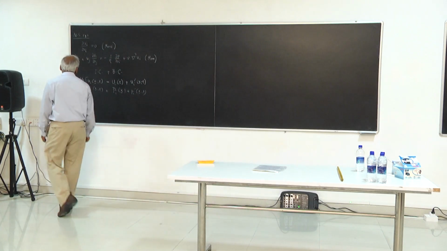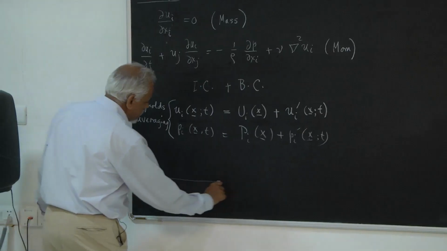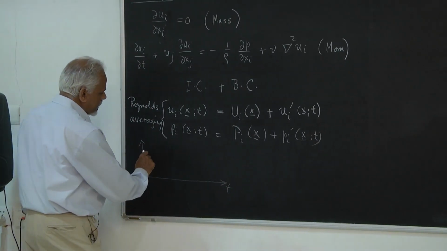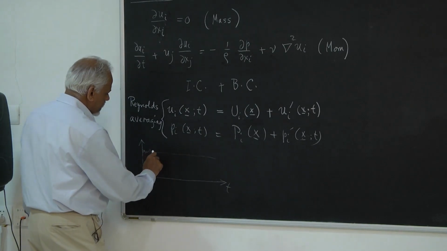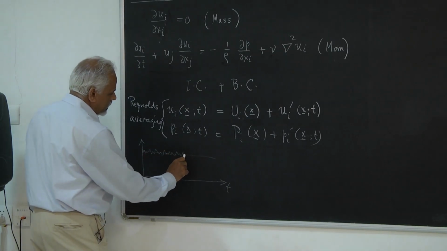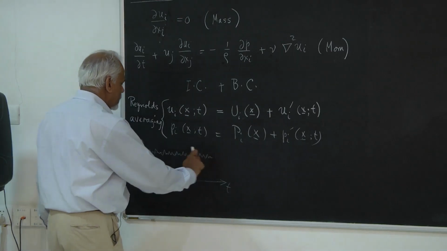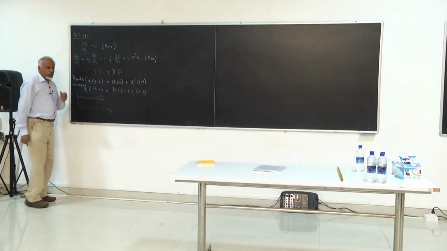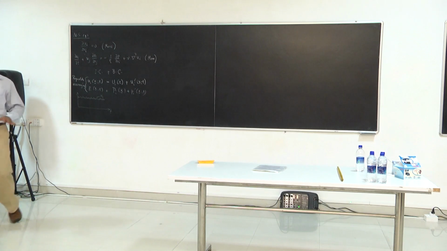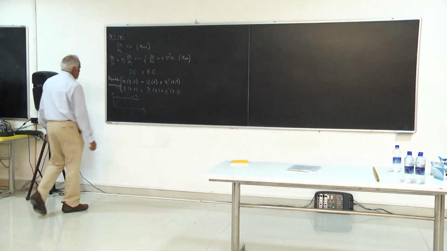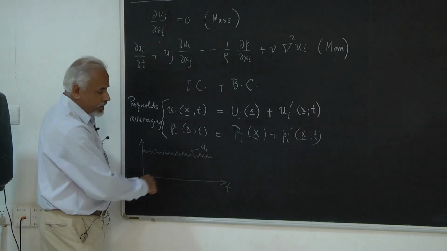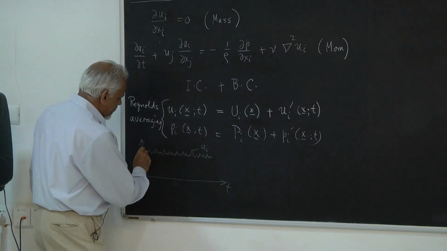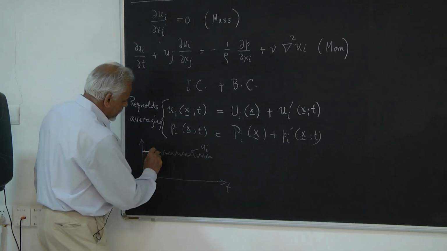For example, if I had something like this, let's say as a function of time, I had a variable which was oscillating like that. And this could be, for instance, my ui. I'm not saying that it is, but it could be some quantity like that. And then you take the time average of this, that is to say, get the area under this whole curve, divide by the total time, and you will get a mean like that.